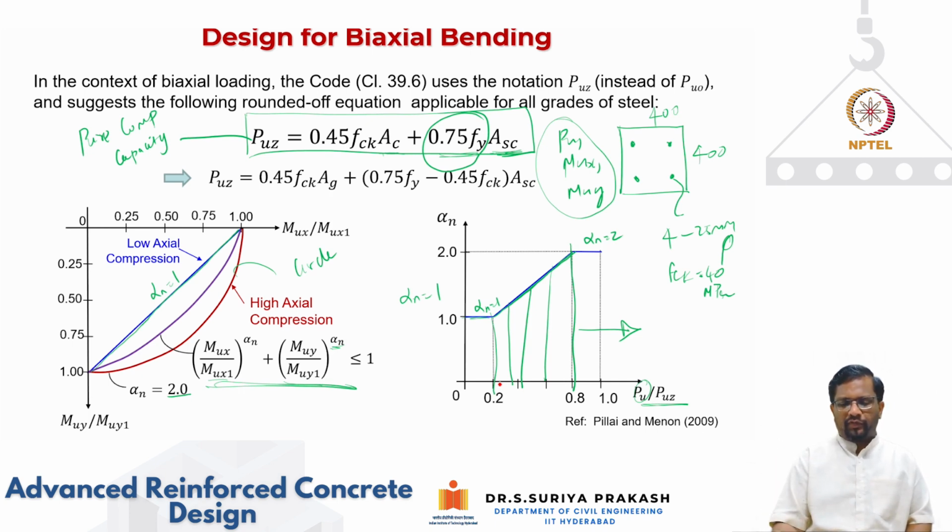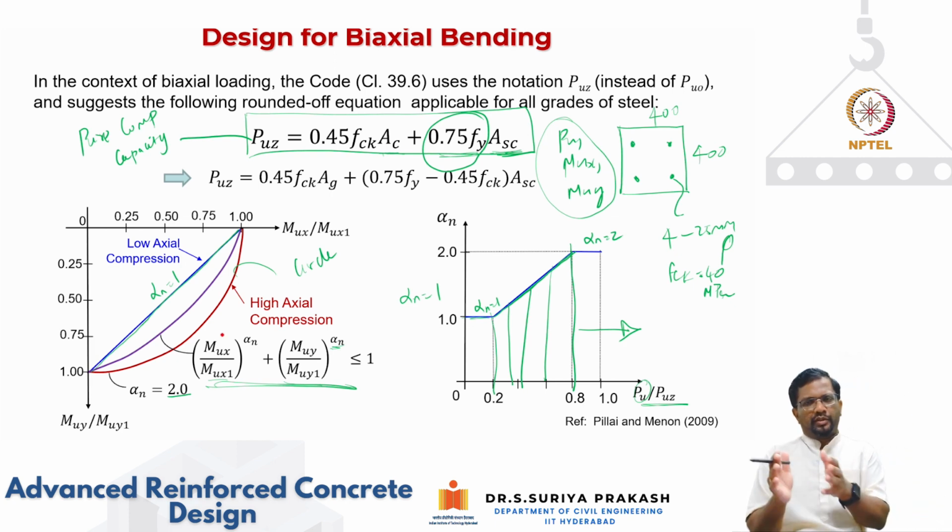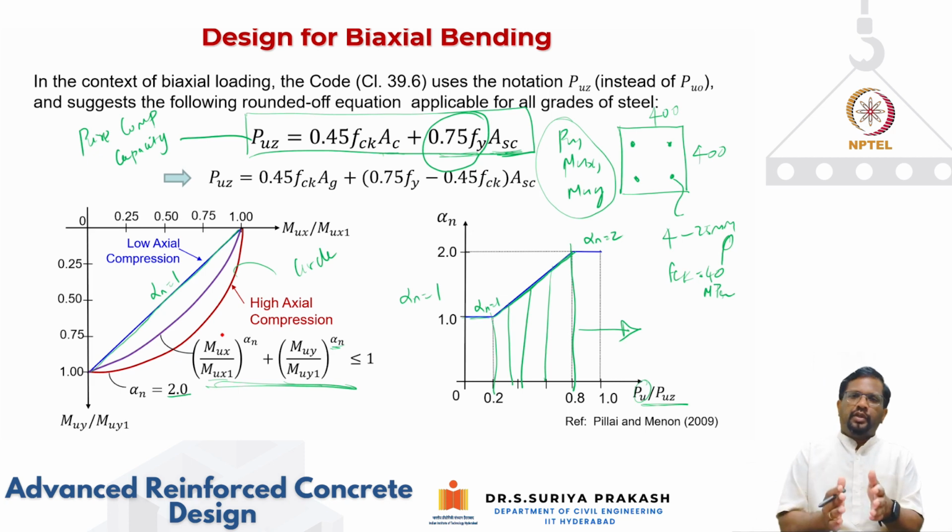So once I know alpha n, I know the Mux and Muy demands, and Mux1 and Muy1 are the uniaxial bending moment capacities for a particular level of axial compression. So I know all the things. I can plug them into this equation to see, for the chosen dimension and chosen reinforcement configuration, whether the design is adequate or not, right?